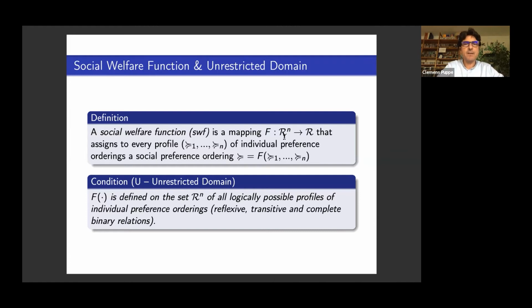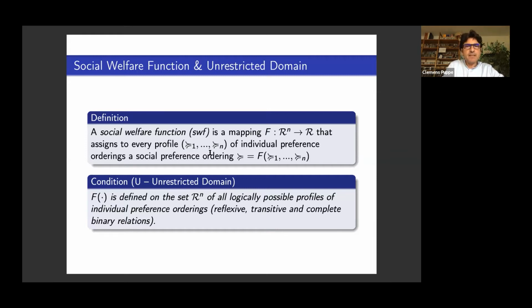Now, this symbol here with the index 1 means this is the individual preference ordering of voter number 1. And now every voter submits her preference. So you have a profile of individual preference orderings for each voter.